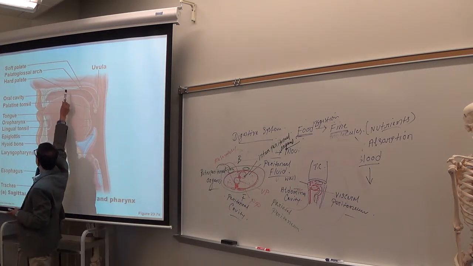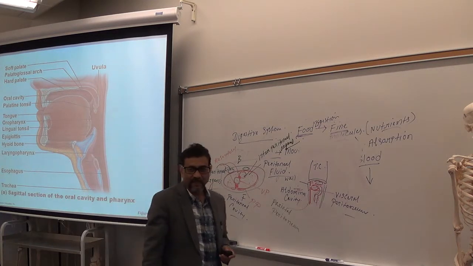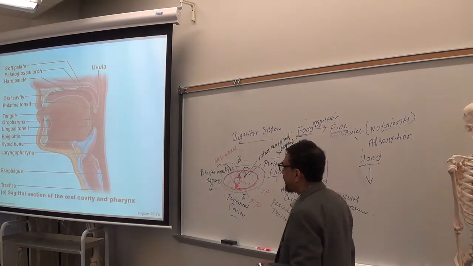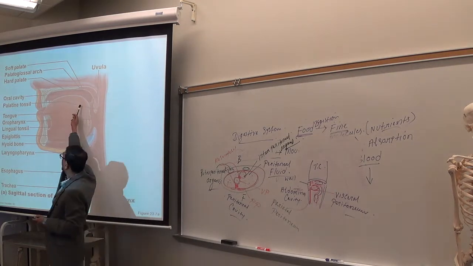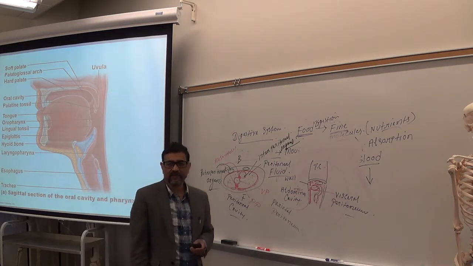The roof is formed by the palate, hard palate and soft palate. The floor is formed by the tongue. This is the tongue, so the floor of the mouth is the tongue.